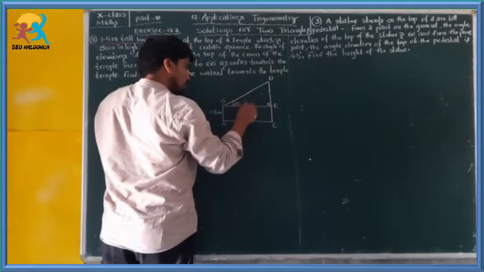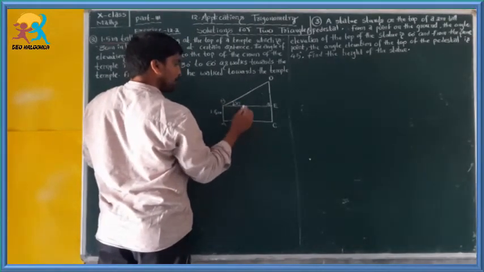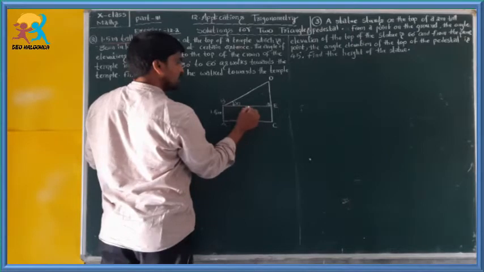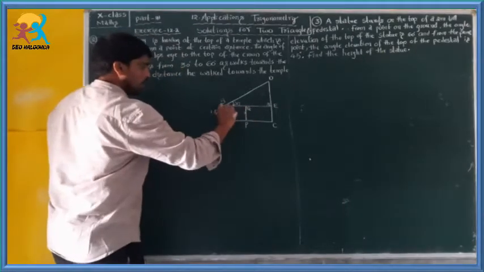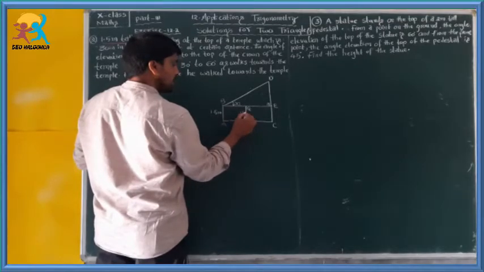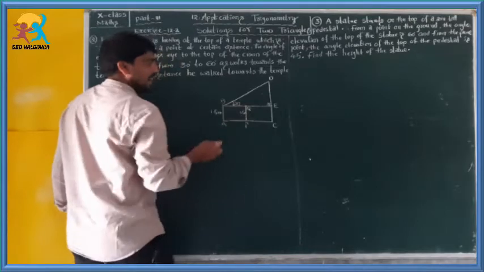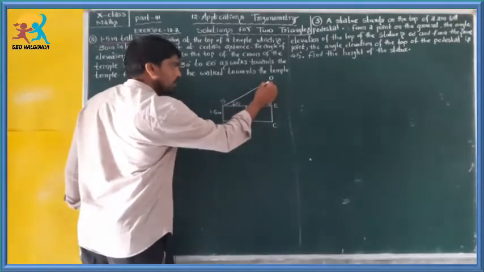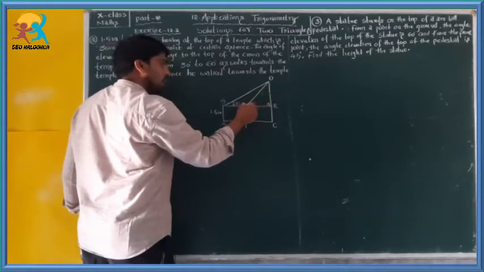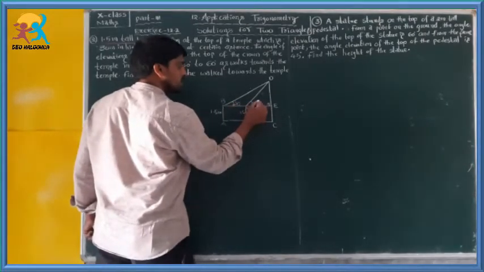After walking a certain distance, the place of the boy is PQ. The height of the boy is 1.5 meter, so PQ is also 1.5 meter. From this point Q, he is observing the crown of the temple, and the angle of elevation changes from 30 to 60 degrees. Yes, it is 60 degree.